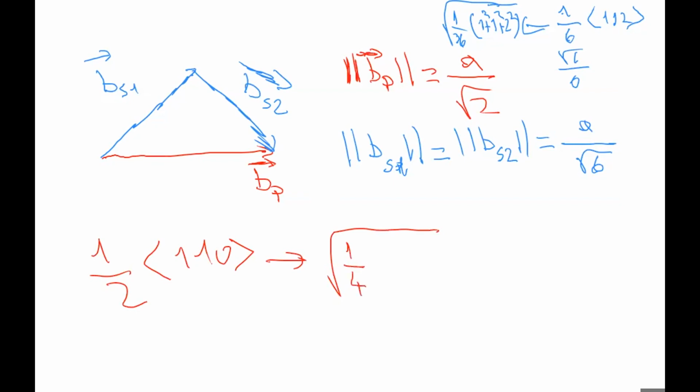So 1 over 4, if you take the square root of this guy, times 1 square plus 1 square plus 0 square, correct? Which is equal to 1 over 2 square root of 2, a, right? Is it correct?